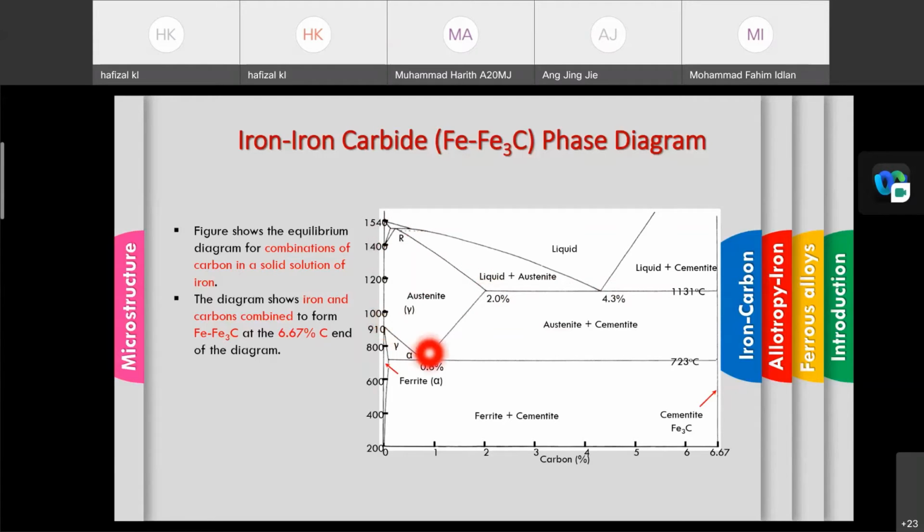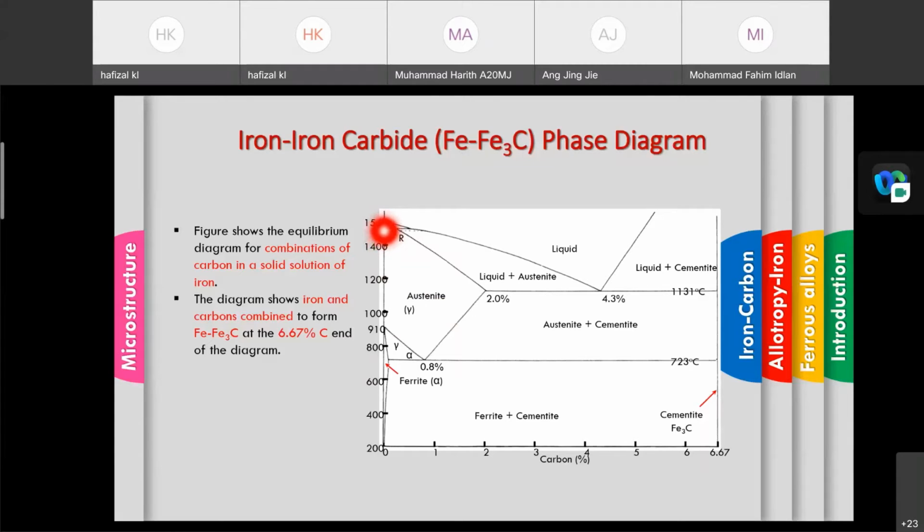Okay, whereby the region comes from the gamma iron. The gamma iron, they call it austenite. So there is alpha iron or alpha ferrite, and then we have the gamma iron, they call it austenite. And at this small region, after this we will see the bigger part, is the delta iron.